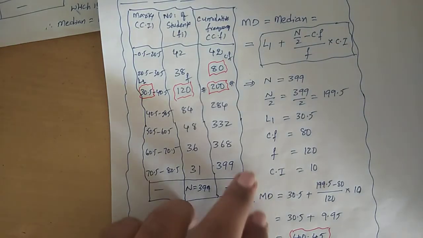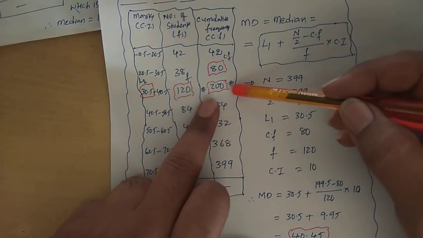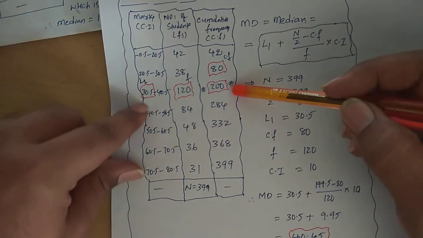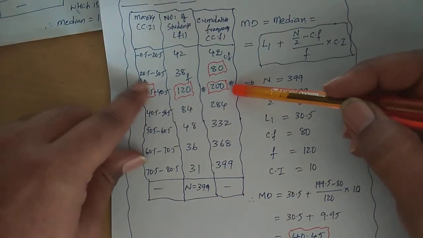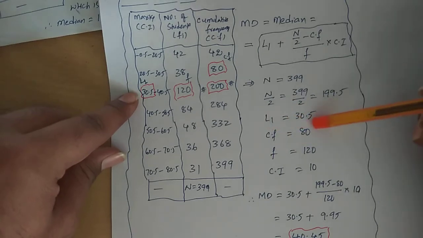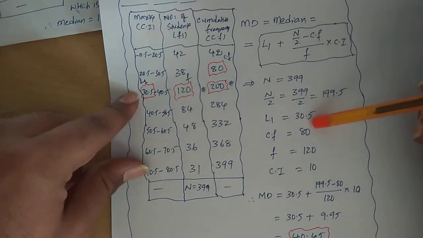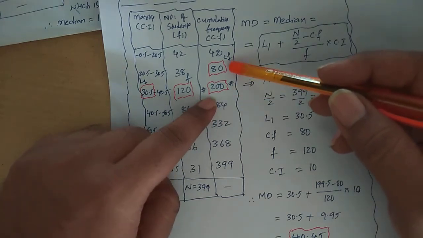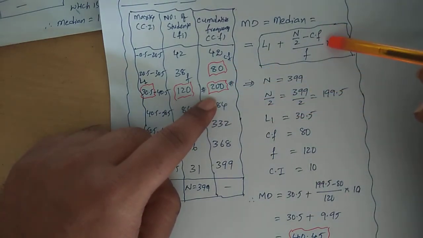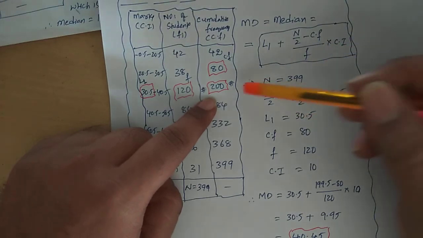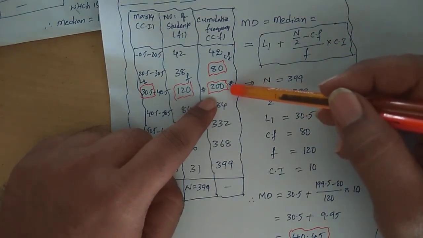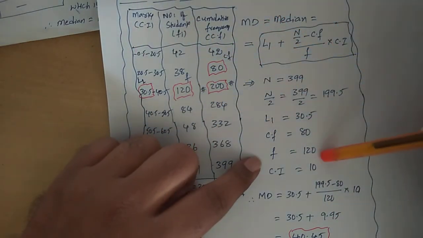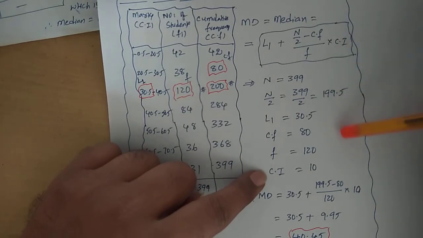Okay. Now, for this 200, whichever interval is quite opposite, its lower limit is going to be L1. Again for this 200, the cumulative frequency value above it is going to be the CF for this problem. For this 200, whichever frequency is quite opposite, that becomes F. The class interval is common.